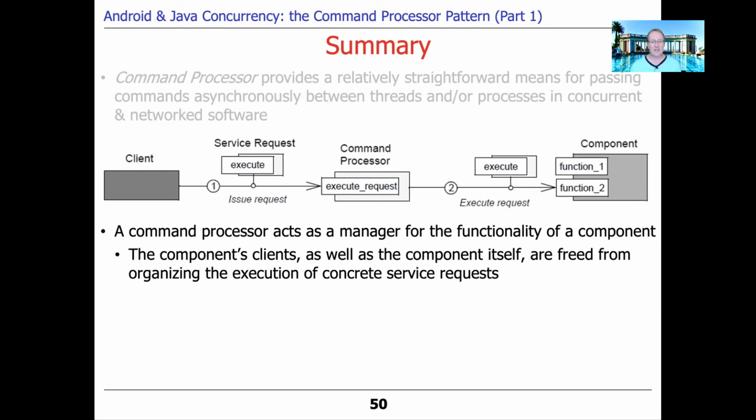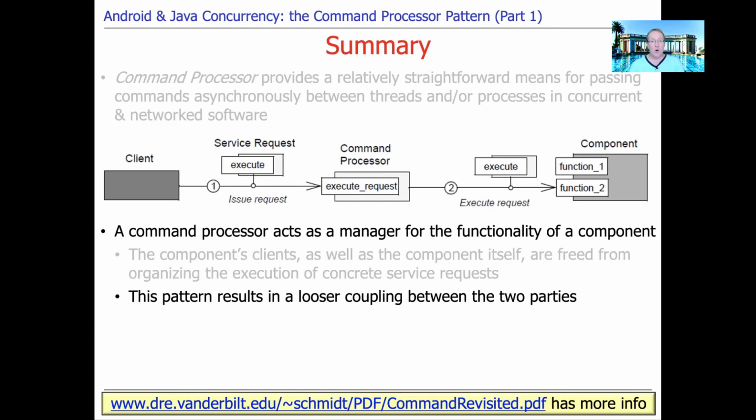So the nice thing about this is that the component client doesn't care what's happening. It just knows that things are getting executed in the right environment. So again, as one of the key consequences, you have nice loose coupling between the various parties, between the client and the server, or the client and the service implementation. That decoupling makes it easier to write software that can evolve and change without having everything proceed as tightly coupled and in lockstep as would otherwise be the case.